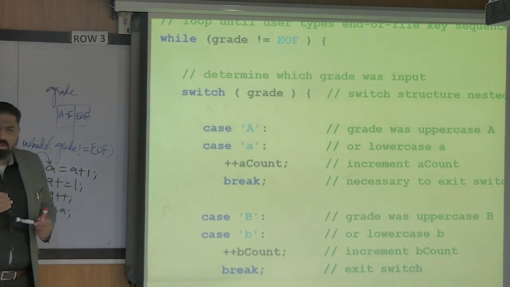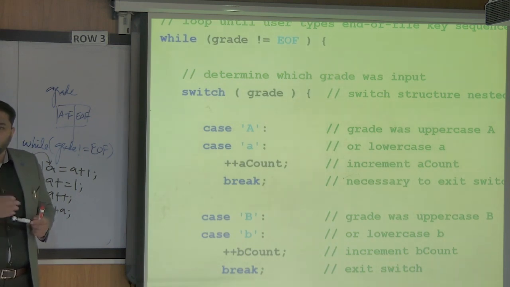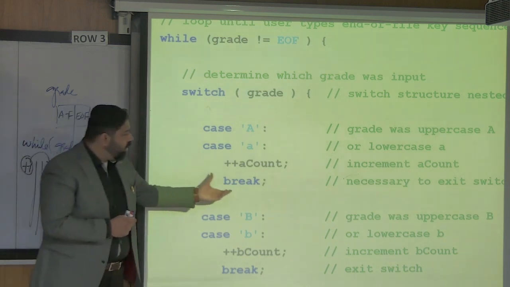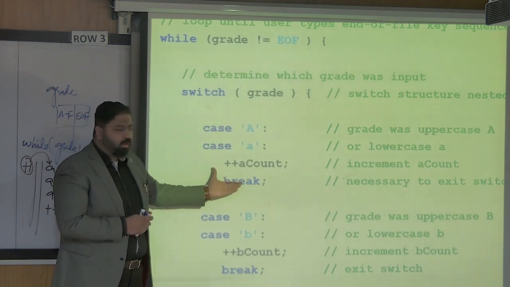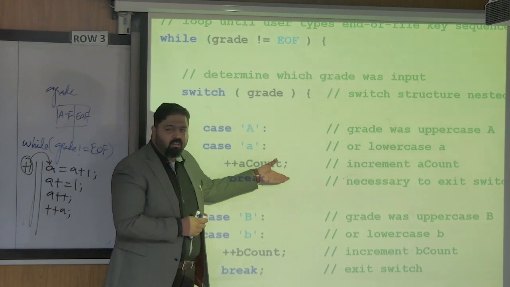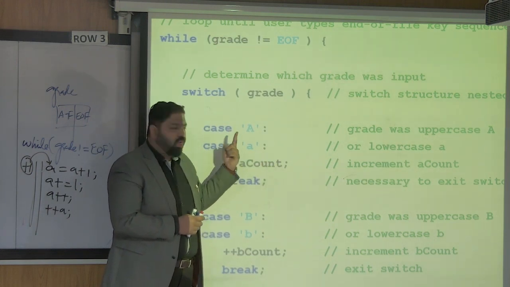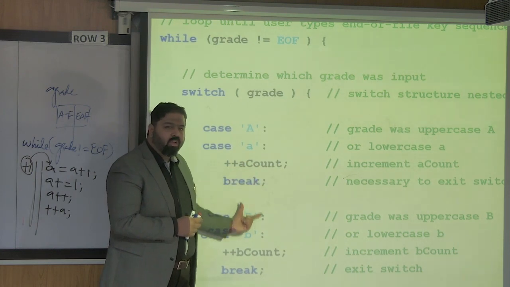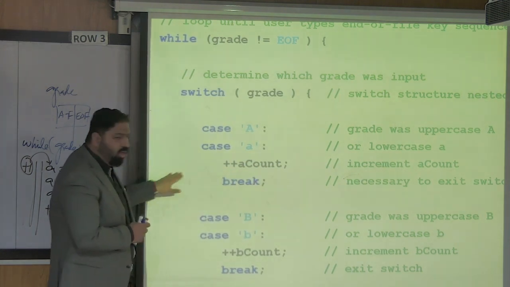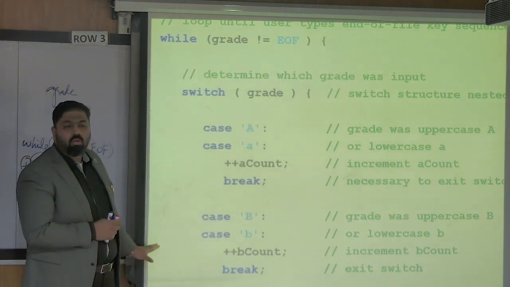It allows you to check the next if? No. It will take you out of the if structure completely. So same is the purpose of break over here. If you have met some case, the case is true, you have performed its related actions, means you have incremented 1 to the A count, break. No need to check rest of the cases. Just come out of the switch structure, not the loop.